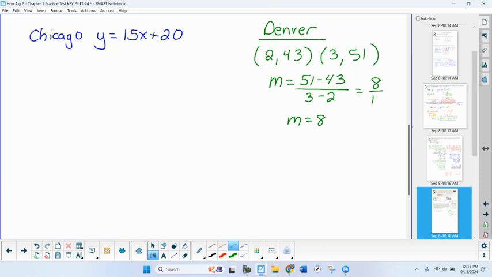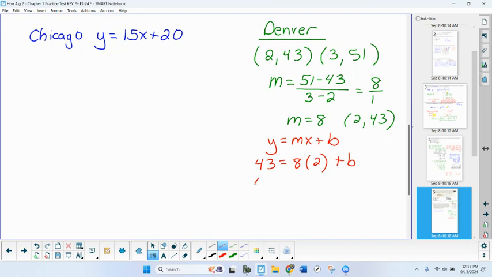Now pick one of your points to work with, Jarrett. Which one do you want to work with? 2 and 43. So now, do you want to go into y equals mx plus b or point slope? Y equals mx plus b. Okay, so if you go into y equals mx plus b, what are you going to plug in for y? 43. M? 8. X? 2.